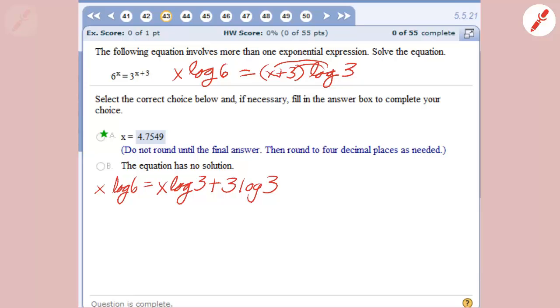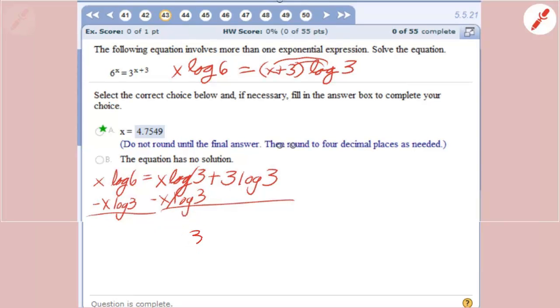Now the way you do this kind of problem is since you're looking for x, you have to get your x terms together on the same side. So I'm going to subtract x log 3 from both sides of this equation. That will leave me with 3 times the log of 3 on the right-hand side.